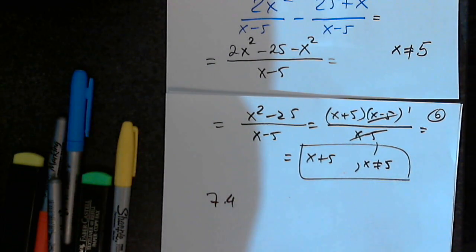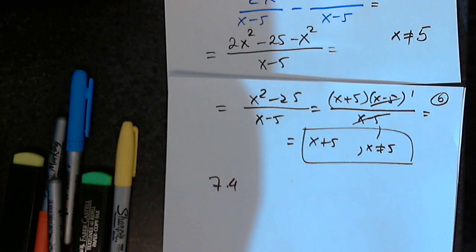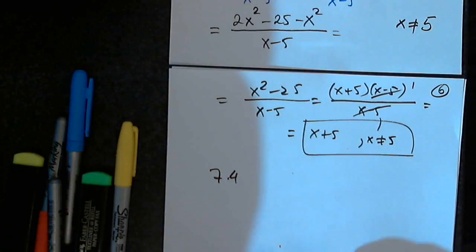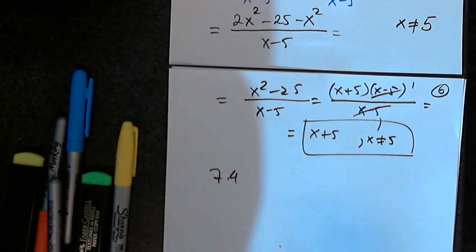Section 7.4. This is the real stuff, adding and subtracting rational expressions with unlike denominators.